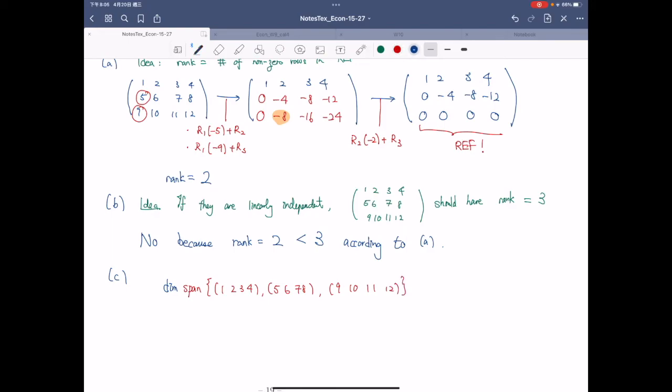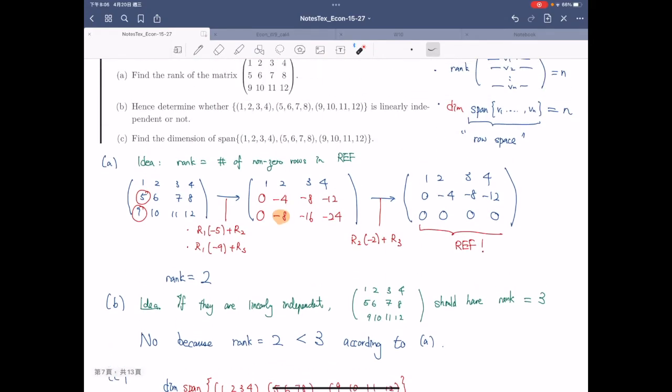This is the so-called row space of this matrix, because these three vectors exactly come from the rows of this matrix. So that's why they're called rows. The span of these vectors is called the row space.